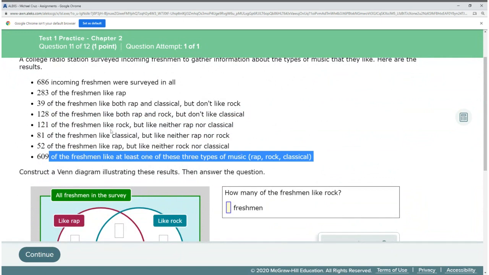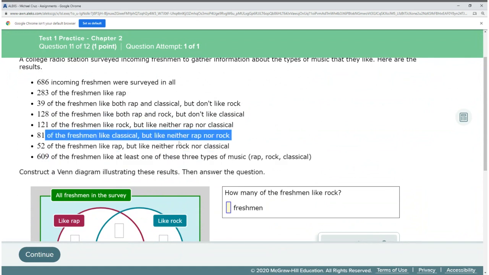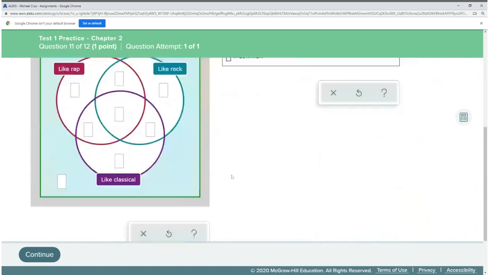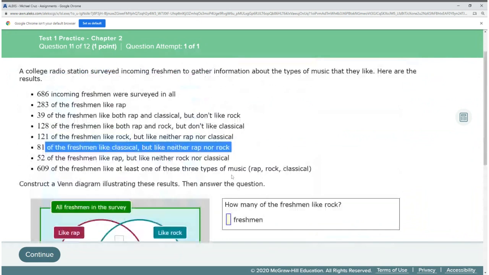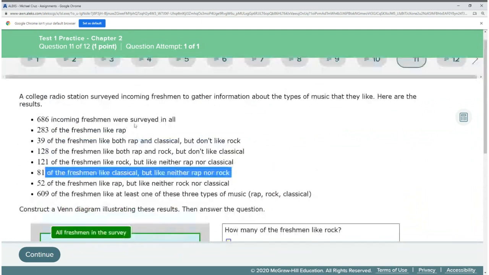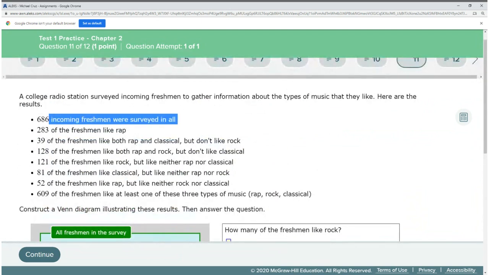The first one, what are you saying, Sierra? So that's the whole thing. Everything's got to add up to 686. Okay, 39 of the freshmen like both rap and classical, but not rock.